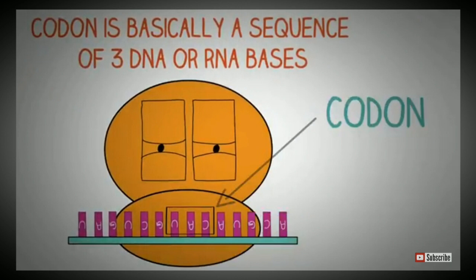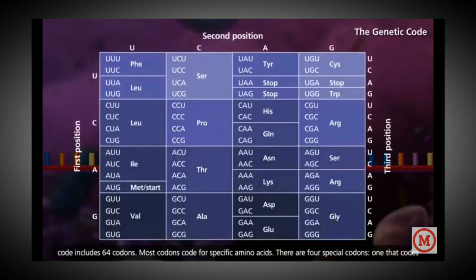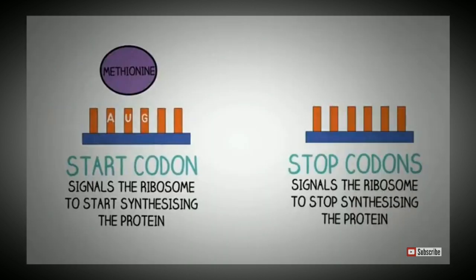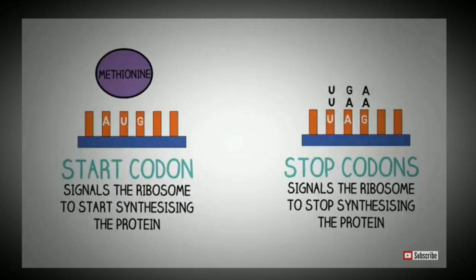The nitrogenous bases are grouped into three letters, which are called codons. The genetic code includes 64 codons. Most codons code for specific amino acids. There are 4 special codons. One codes for start, which is called the start codon, and the other 3 are called stop codons.